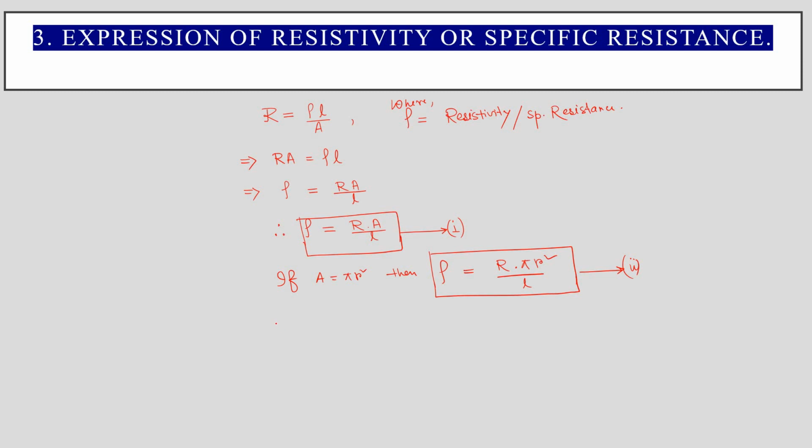And again if A equal to pi D square by 4, that is when the area of cross section is expressed with the help of the diameter, in this case we can write it in this manner: pi D square by 4L.